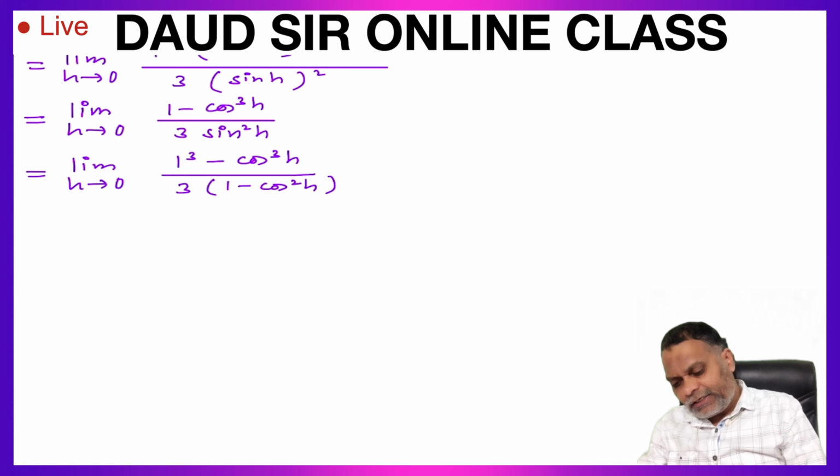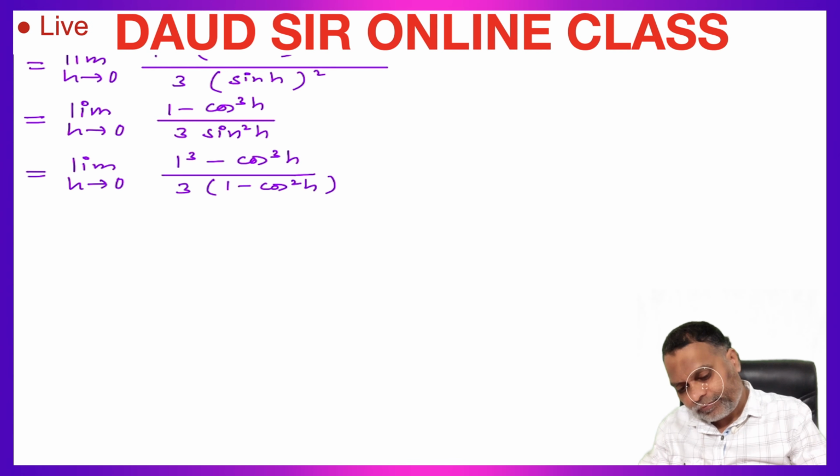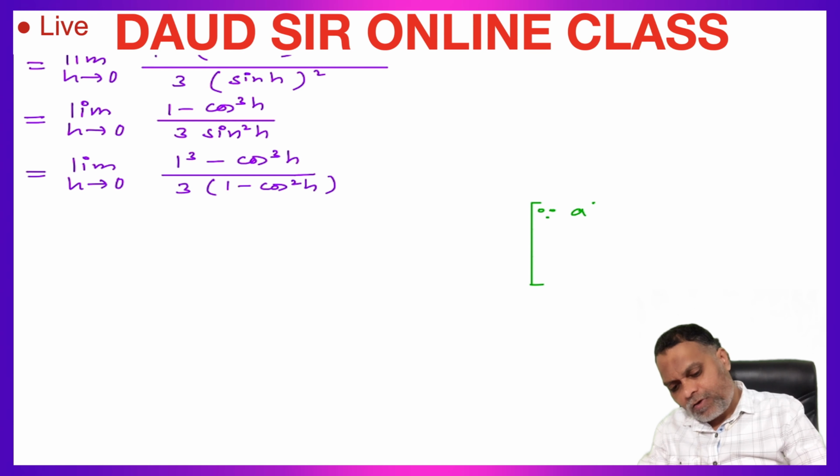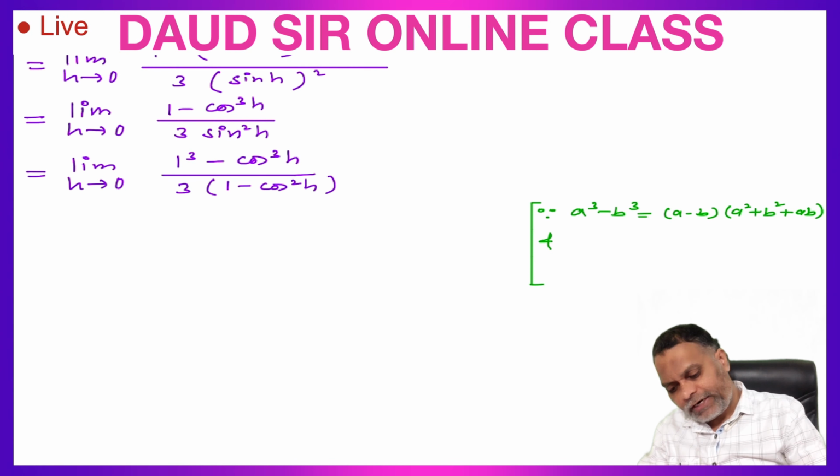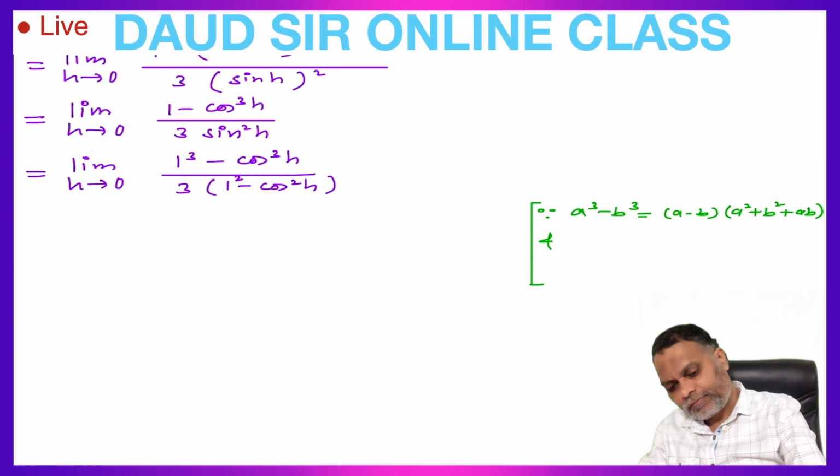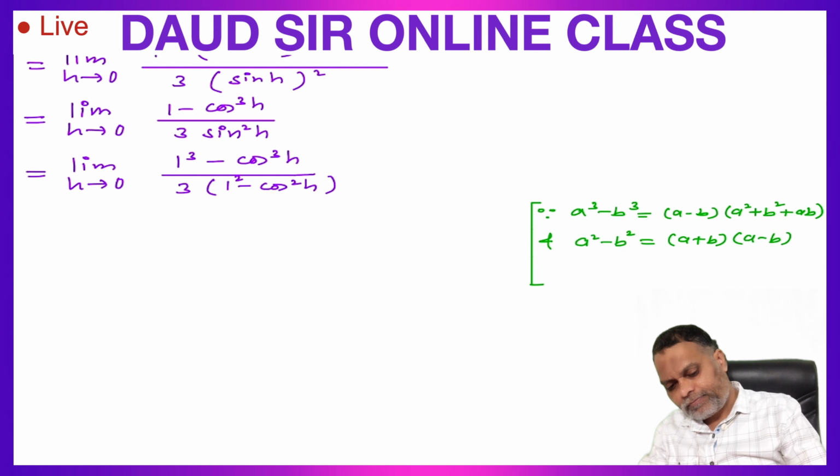Now use the identities: in numerator, a cube minus b cube is equal to (a minus b) into (a square plus b square plus ab), and in denominator, 1 square minus cos square h, a square minus b square is equal to (a plus b) into (a minus b). These identities we can apply here.